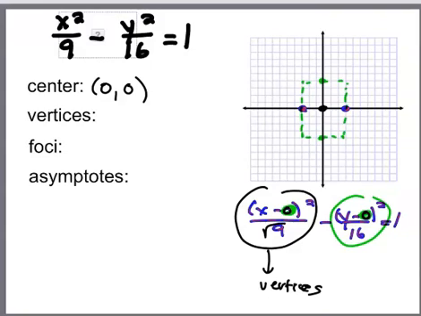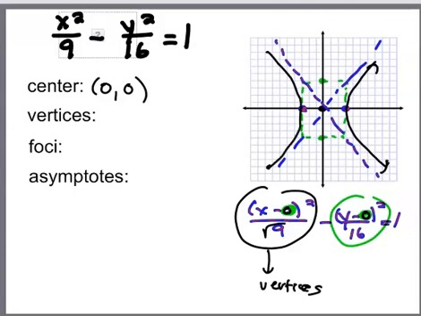If I want to draw in my asymptotes, because they go through the corners, I can actually pretty much draw my graph already. Goes through the vertices. So now I have an asymptote, I have a guide. We still don't know what the foci are, but we'll do that here in a minute. So the vertices, how did I get to the vertices?